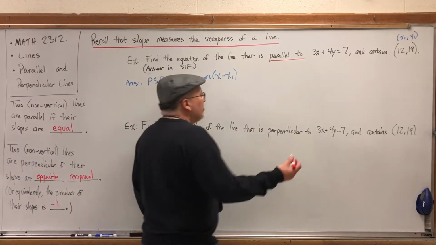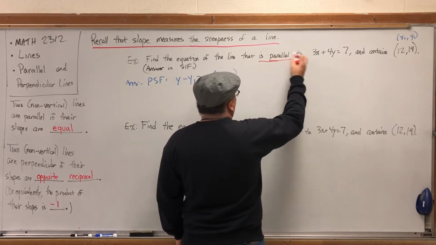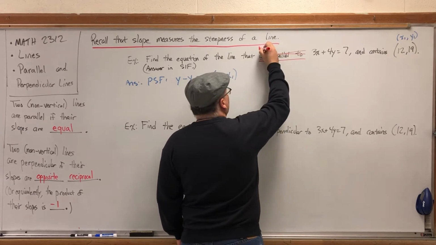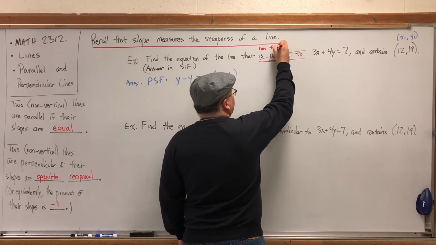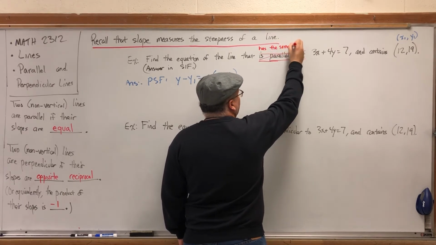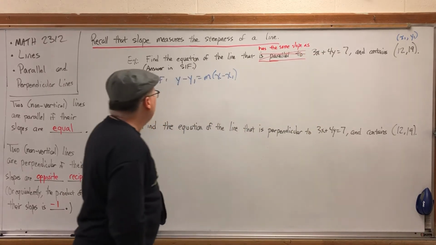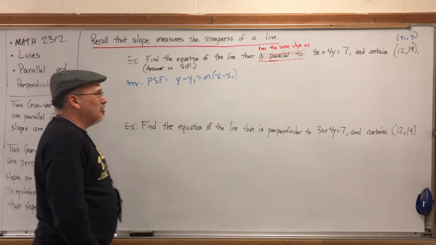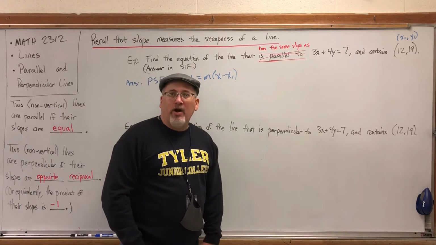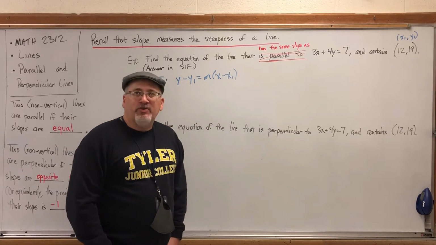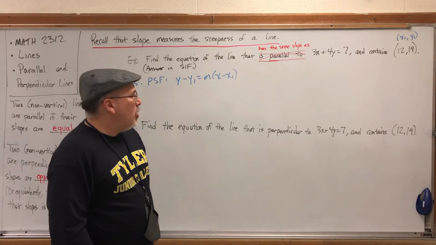Now, you don't have to physically do this, but you could think of changing that phrase to "has the same slope as." And now it reads, the equation of the line that has the same slope as 3x plus 4y equals 7. Okay, well we need to find the slope of 3x plus 4y equals 7 and then use that slope.